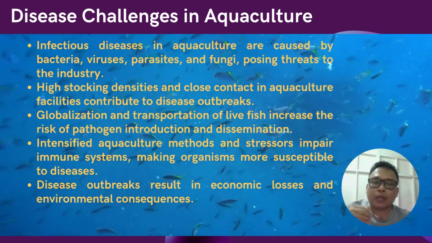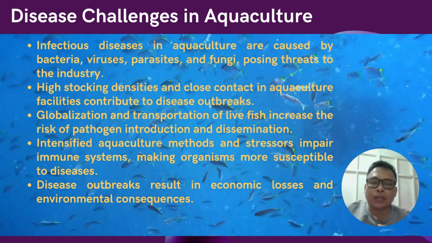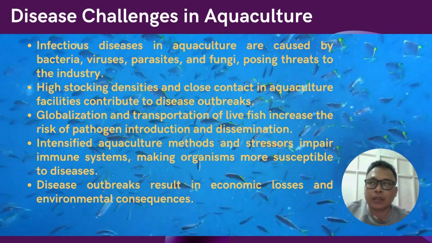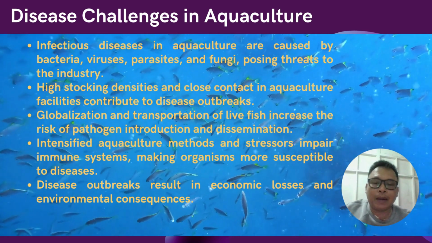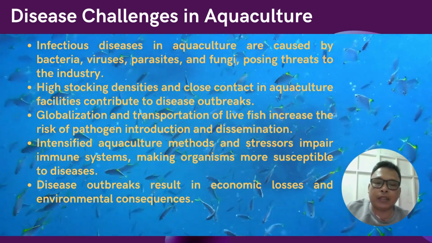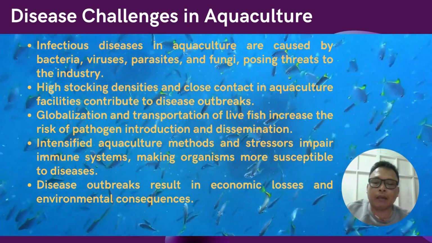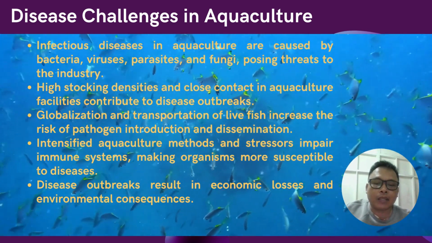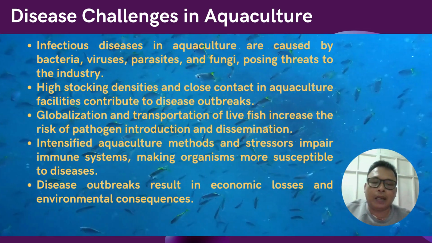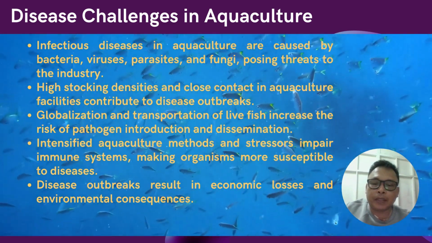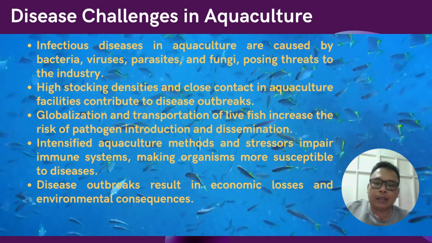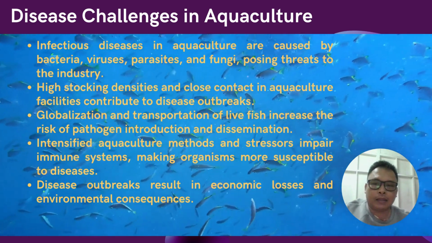The use of therapeutic treatments to control disease, such as antibiotics or chemotherapeutics, might result in the leakage of these compounds into the surrounding aquatic environment, potentially causing harm to non-targeted organisms and contributing to the development of antimicrobial resistance. That's all.